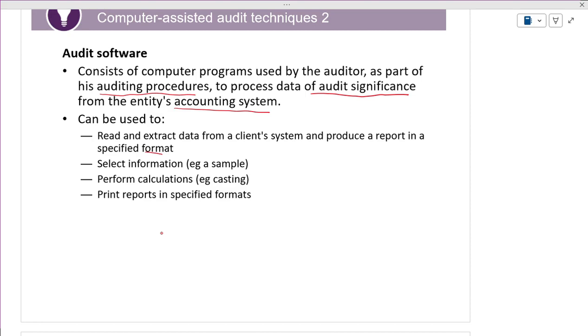Initially it existed, I'm not saying it did not, but during and after COVID this concept has gained a lot of momentum. In most companies, people will do audit through software, through systems. The same process will be there: you read and extract.